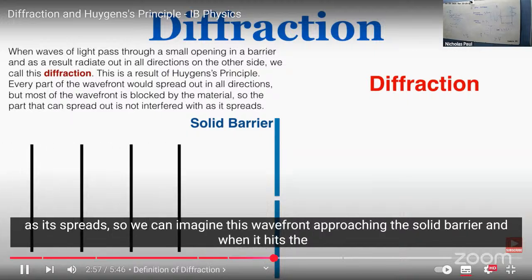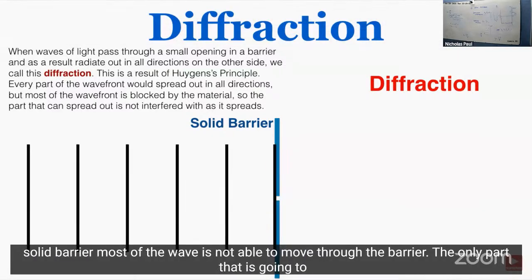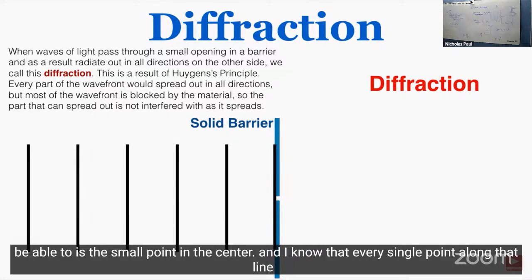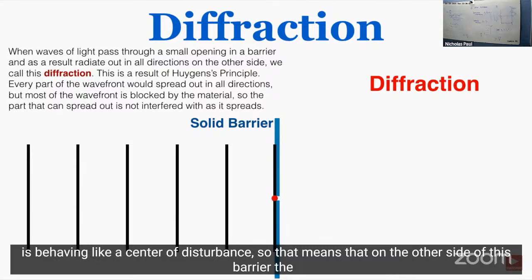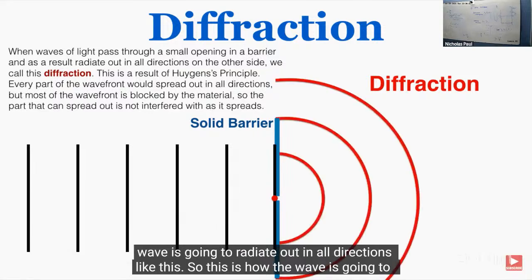So we can imagine this wavefront approaching the solid barrier. And when it hits the solid barrier, most of the wave is not able to move through the barrier. The only part that it's going to be able to is the small point in the center. And I know that every single point along that line is behaving like a center of disturbance. So that means that on the other side of this barrier, the wave is going to radiate out in all directions like this.